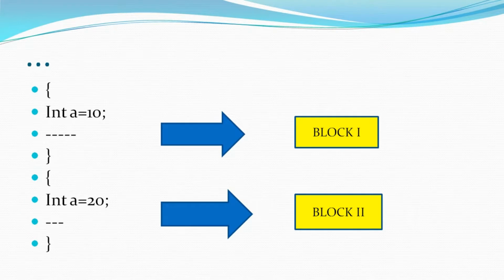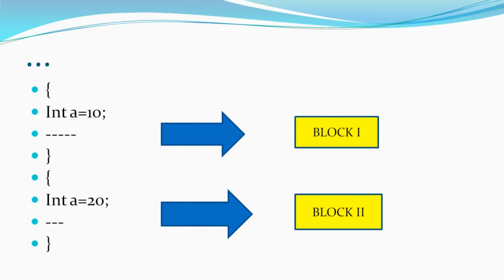Okay, so let's see what that means. Suppose we started our scope here. We define the value integer a holding the value 10. Then there would be some statements, and we close the scope. That constitutes our first block. So in the first block, the value of a equals 10. Now we start our second scope.